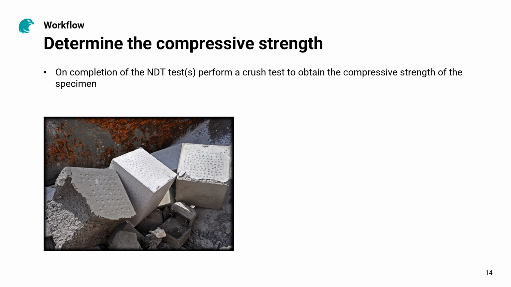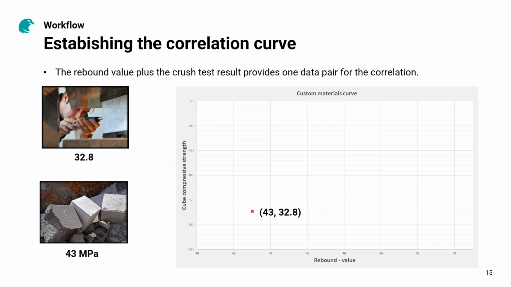So on completion of the NDT test, you should proceed to perform a crush test to obtain the actual compressive strength of the specimen. Now we move on to establishing the correlation curve.